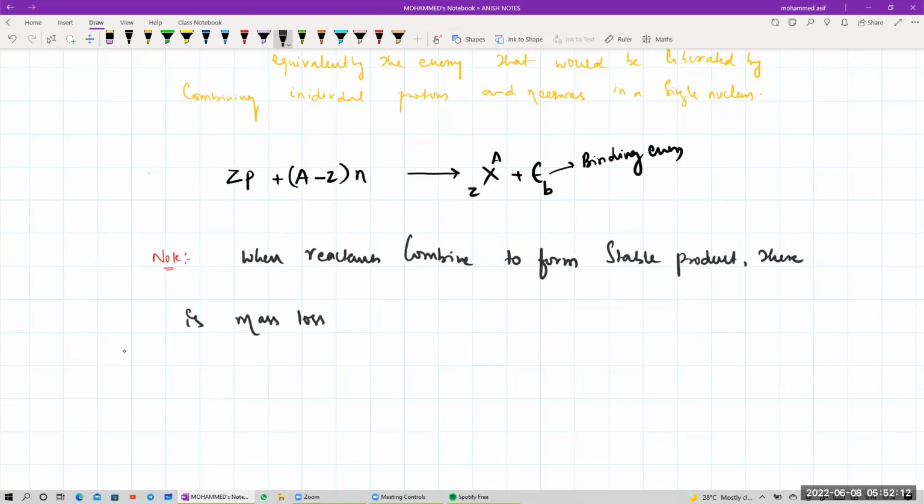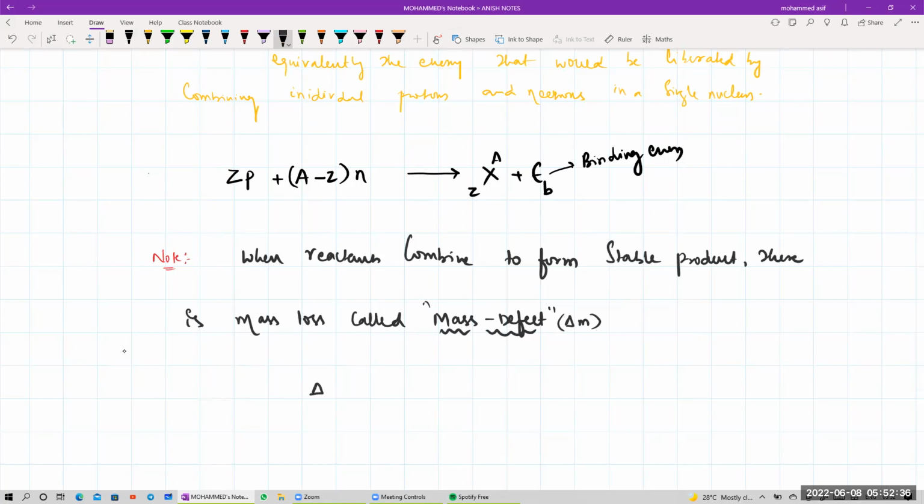That mass loss is called mass defect. So when reactants combine to form the stable product, there is a certain loss of mass. That loss in mass is called mass defect, represented by the letter delta M.